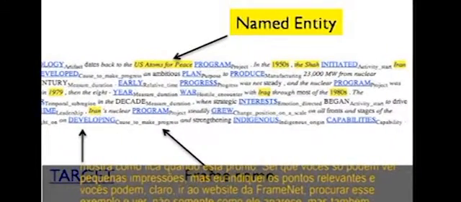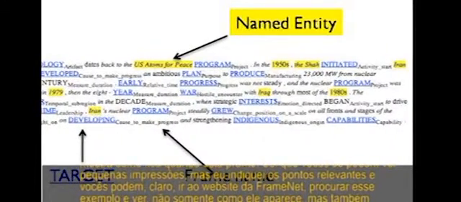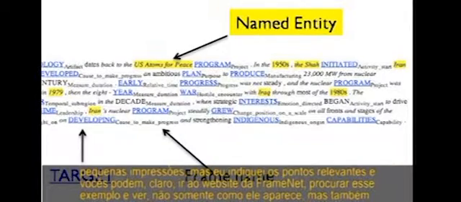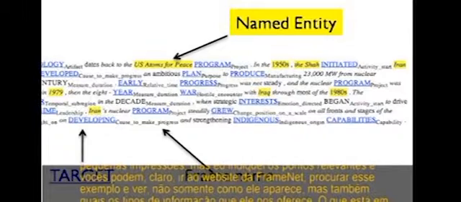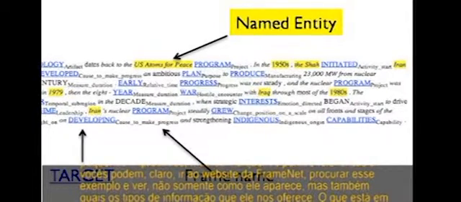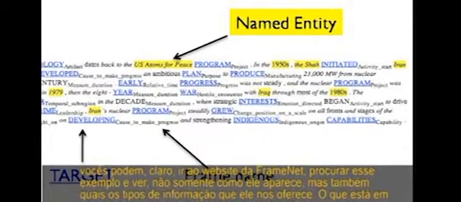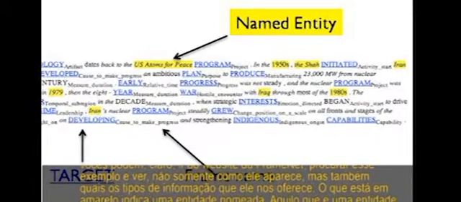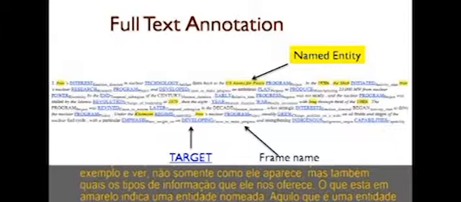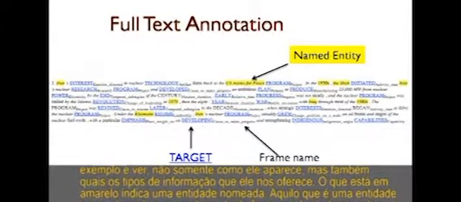So the yellow highlighting indicates that that's a named entity. Something that's a named entity might end up being a frame element. It might end up as a part of a constituent that's a semantic role in the appropriate frame.